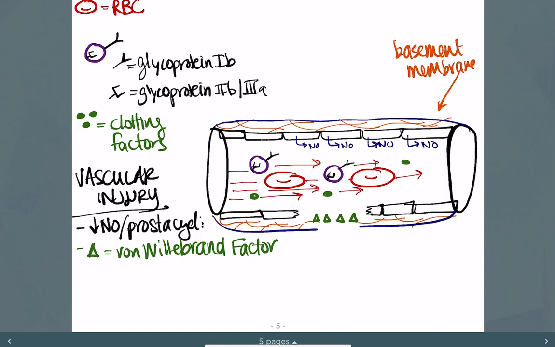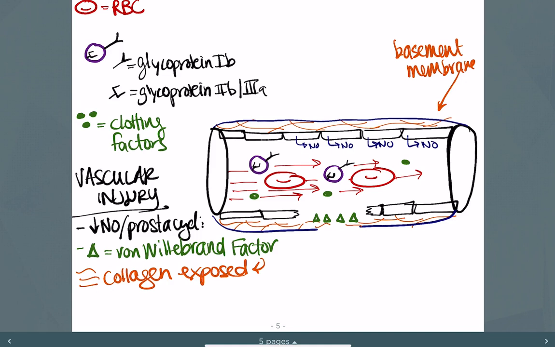So that's all well and good, except we just ripped the cover off of it and exposed it to the elements. So von Willebrand factor is exposed. We've got collagen exposed. So what's important here is that von Willebrand factor, maybe my picture could be a little better, is bound to the collagen, but it's exposed to the blood elements. So at this point, if you noticed in my drawing, I made the shape of von Willebrand factor the exact shape of our glycoprotein 1b.